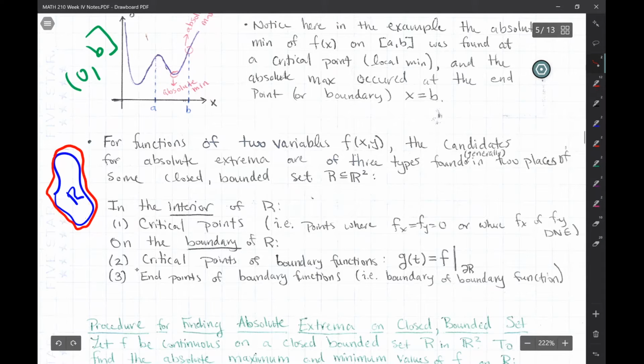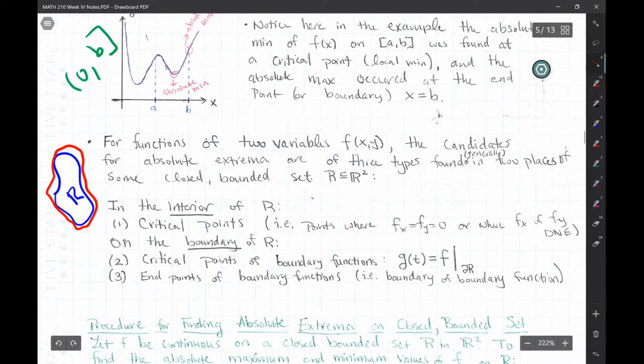And so that's the second category. So we're going to look for critical points of the boundary function, which is a function of one variable, which is the function of two variables at the boundary. And the third thing we're going to look for is the endpoints of the boundary function. So if we do get a boundary, then we have to consider also the endpoints.